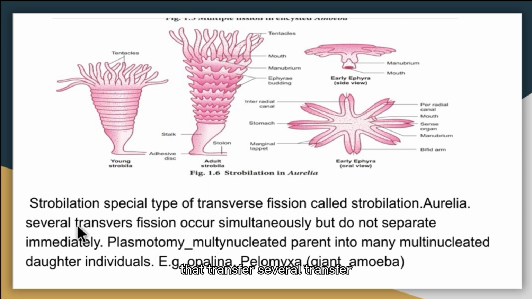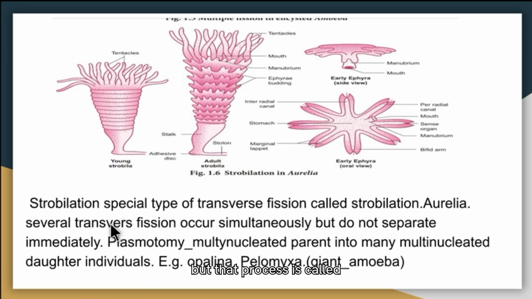Everyone has tentacles. So several transverse fissions occur simultaneously, but do not separate. That means every one matures and every one has nuclei, but they do not separate immediately.